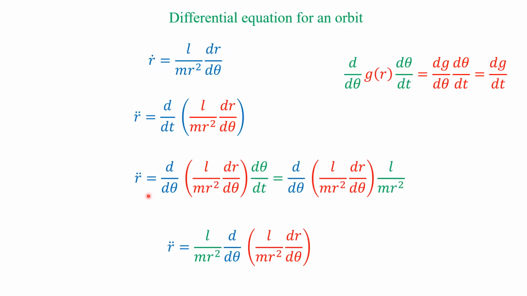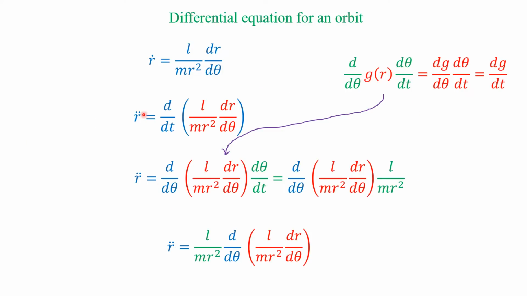So r double dot becomes, I am going to replace d by dt with d by d theta times d theta by dt. Here you can see d over d theta and g of r.